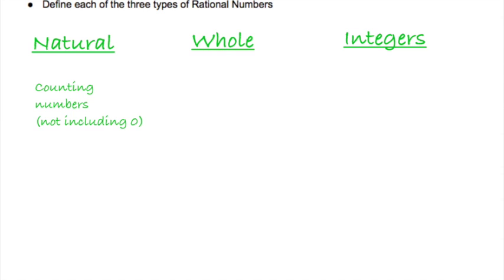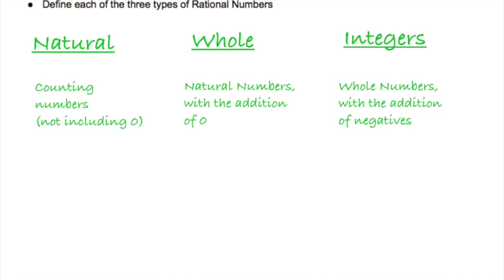Natural numbers are counting numbers. They don't include zero. So let's say you can't sleep at night and you decide to count some sheep. You start with 1, 2, 3. Those are natural numbers. Whole numbers include all natural numbers, but we also add in 0. So 0, 1, 2, 3, and so on. Integers include whole numbers, but we also have all of the negatives as well.